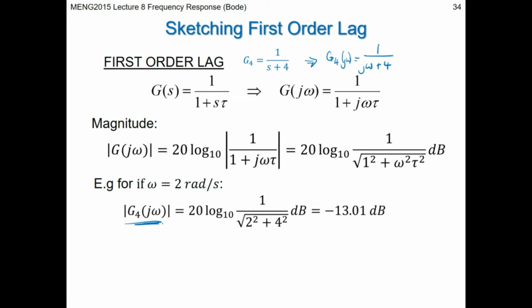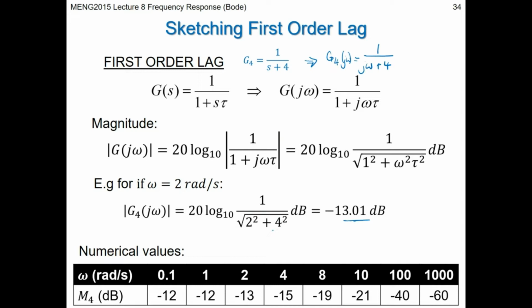So our magnitude of G4 j omega is going to be 20 log 10 times the magnitude of this, which is 1 over root 2 squared plus 4 squared. The 2 is from omega equals 2 radians per second, and the 4 from this part here. So that gives us a value of minus 13.01 decibels.